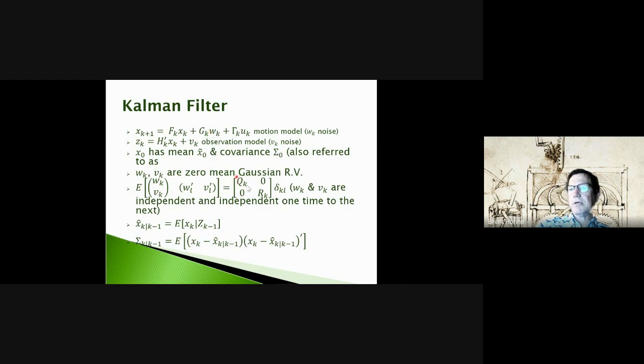And that's showing up in this Q and this R and these zeros up here, right? And so that W is independent from V.